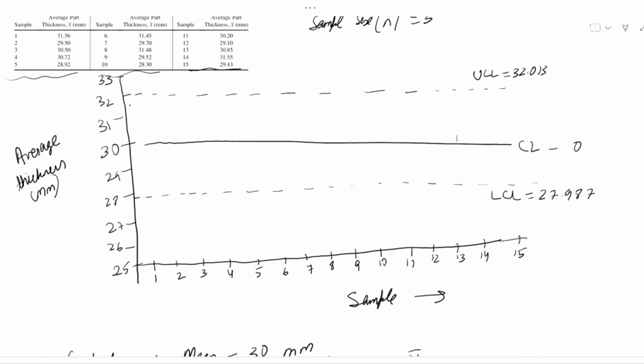31.56 approximately it will be here. Next we will draw till 29.5, and with respect to the sample, this is 1, here this is 2, next 30.5 is approximately here. Then we will join all this.